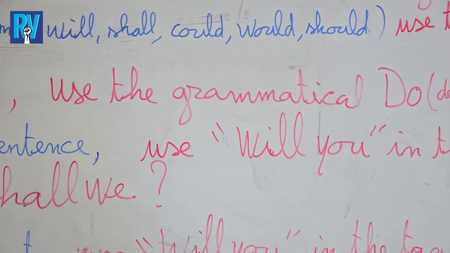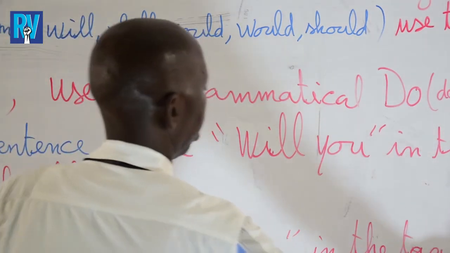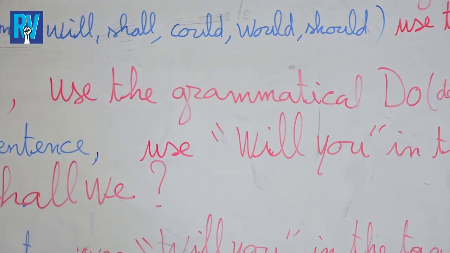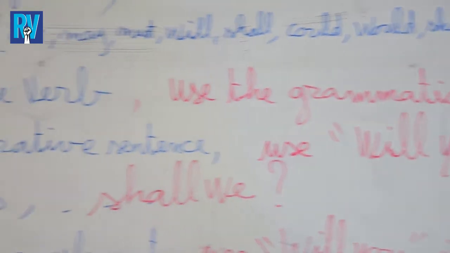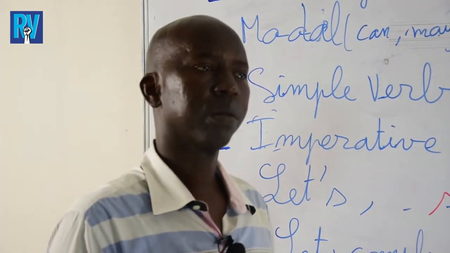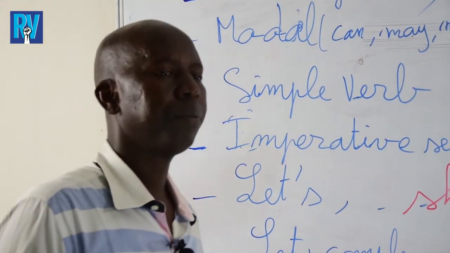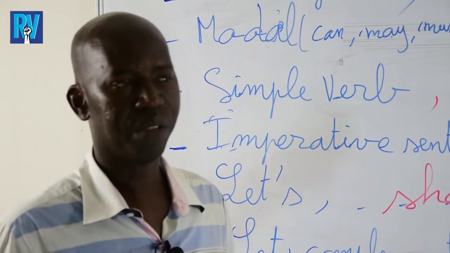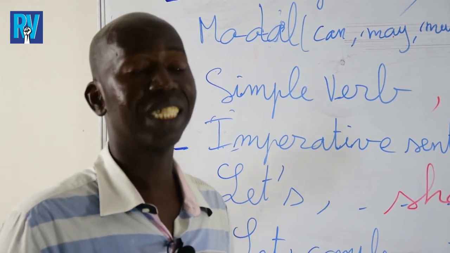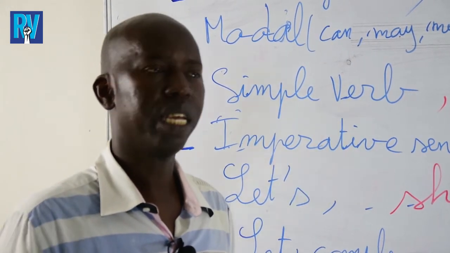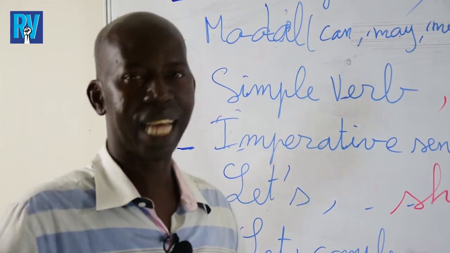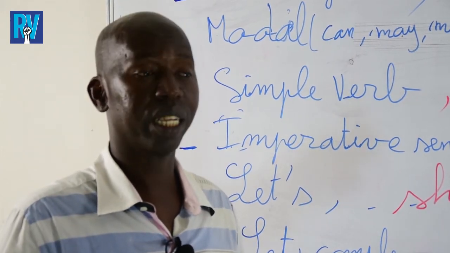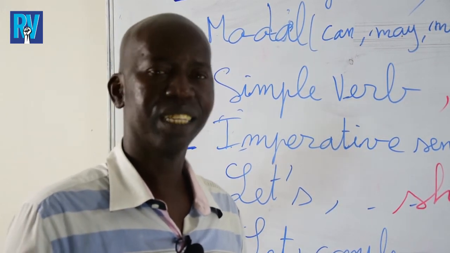Ok, petit rappel, quand vous avez la négation dans le tag, il faut toujours utiliser la forme contractée. Ne mettez pas, par exemple, do not they. Il ne faut pas détacher, il faut avoir la forme contractée. Don't they. Ne mettez pas will not they. Won't they.